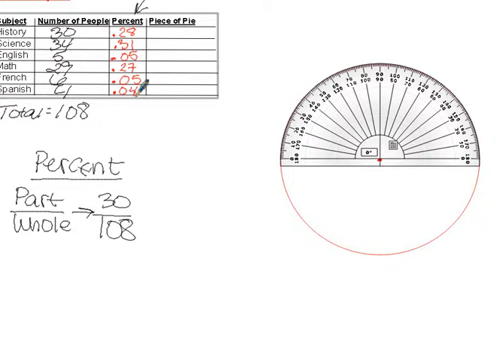So those are all of our percentages. If you look at these numbers, 28%, 31, and 27, those ones are all relatively close.